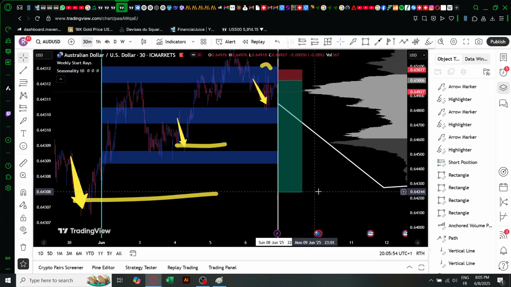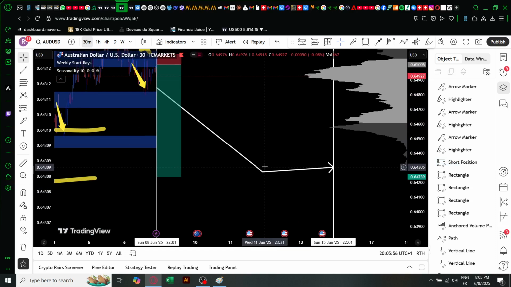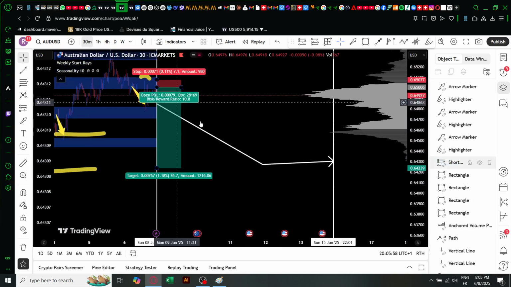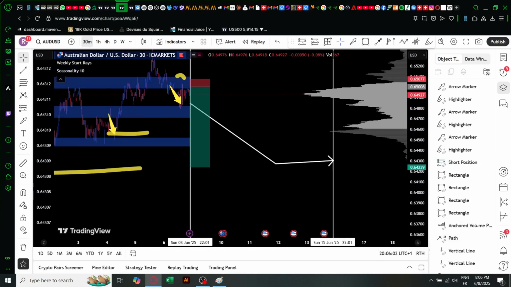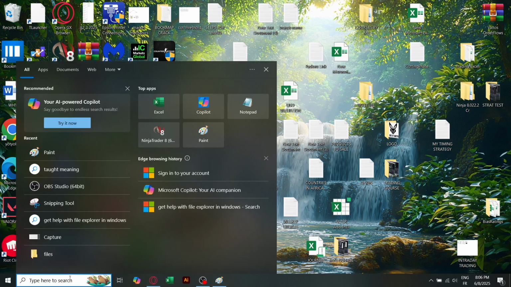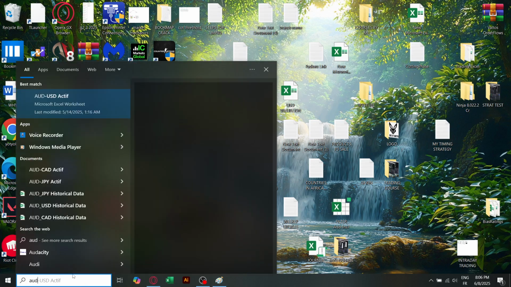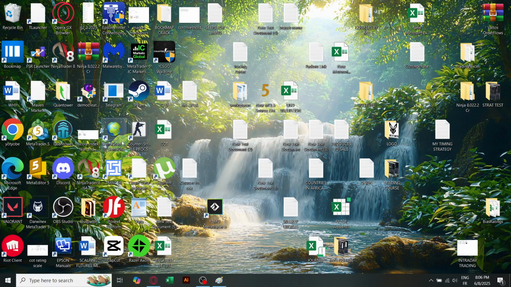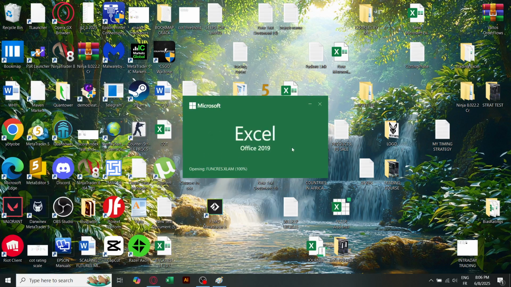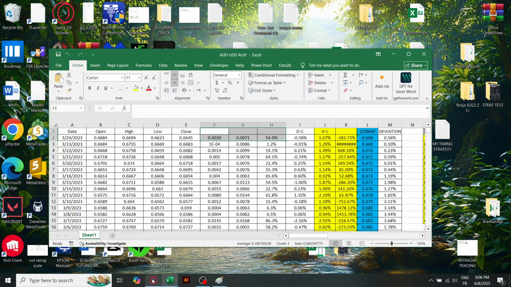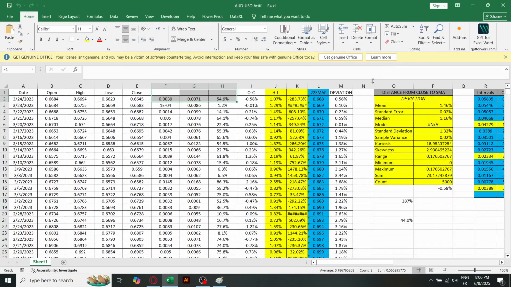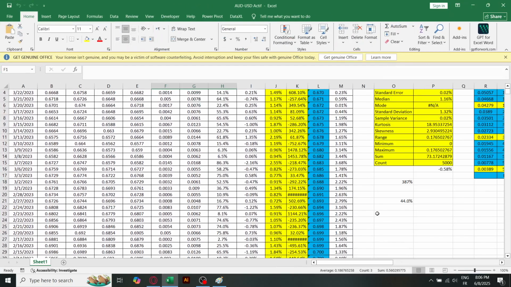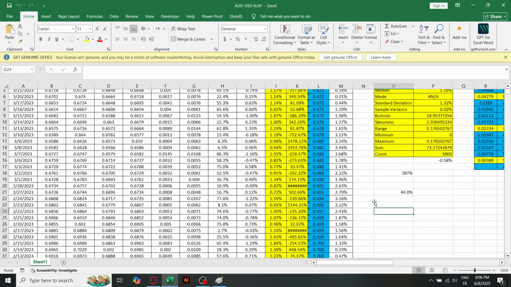So when there is a huge downtrend like this, let's calculate the average daily return of the Australian dollar. I can give you how you can target your take profit using statistics.